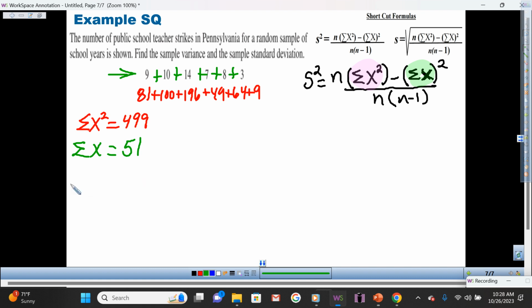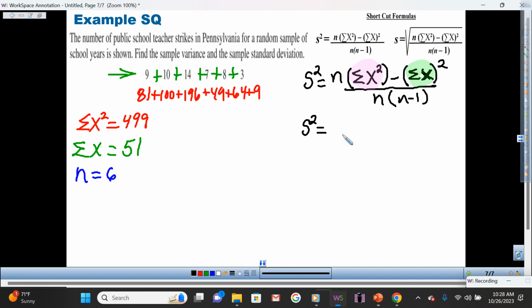So we got those two components. What are we missing? N. What is N, everyone? The number of numbers. So how many numbers? 6. Now we can start substituting into our formula, yes? Here we go.